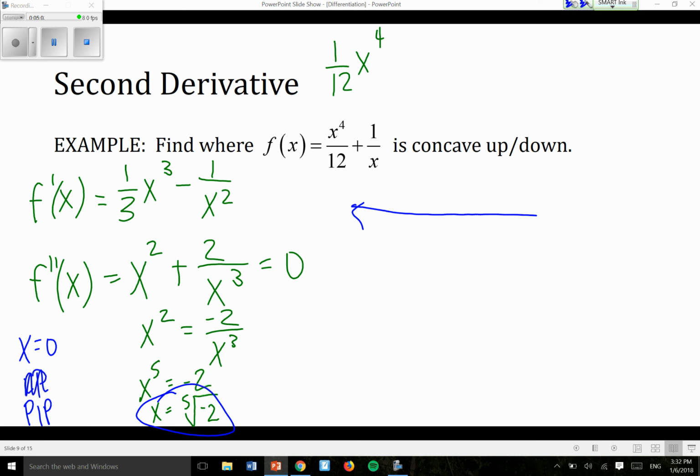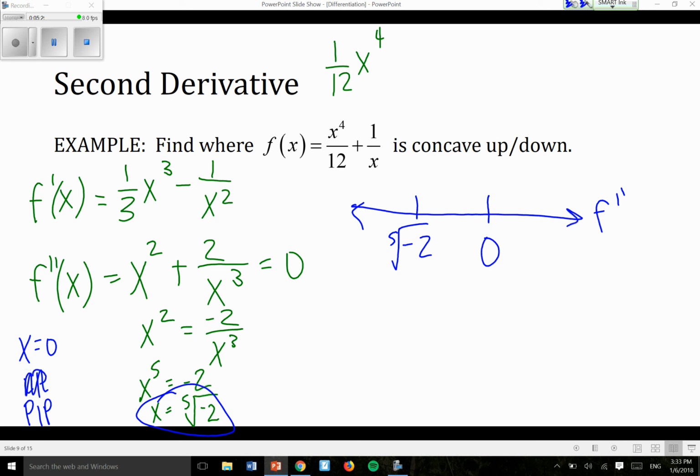Let's put those possible inflection points, remember they're not critical points, on an f double prime sign line. We're going to put the fifth root of -2 first because it's negative, and then we'll put 0. And we'll test those intervals in our second derivative function.